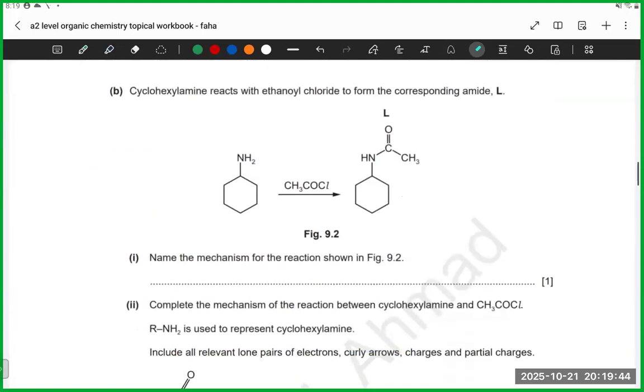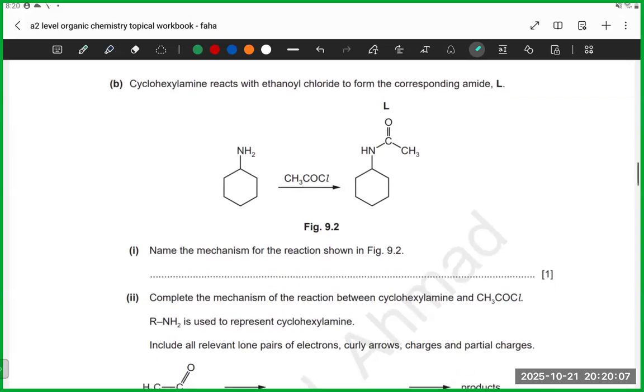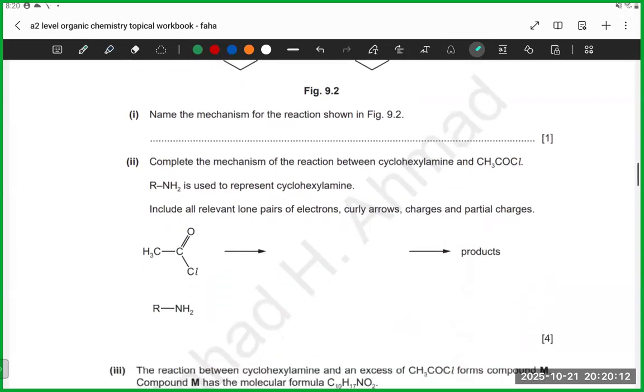And so then you're given these compounds and you think, name the mechanism. He says cyclohexylamine reacts with ethanoyl chloride to form the corresponding amide L. Let's see, this one we haven't done, so we can sort of ignore this.